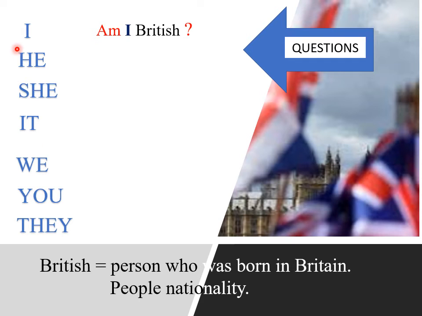My first sentence using my subject pronoun I. What is the correct form for this subject pronoun? So, I have this question. Am I British? Verb be. Subject pronoun. Complement. My interrogative symbol. Am I British?